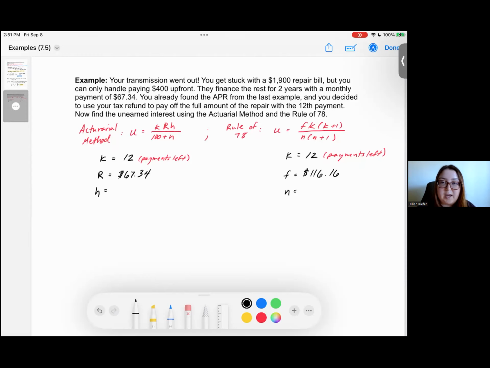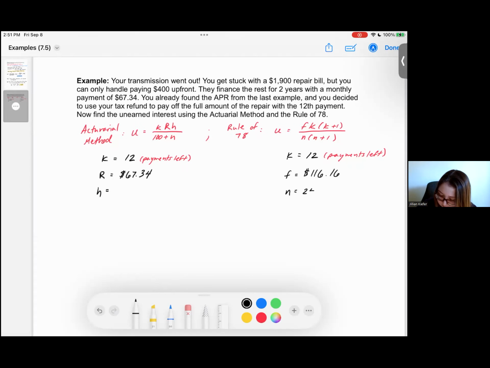So we'll find that for H. And just before we do that, there's one last thing. We have the value of N. N was the original number of payments, which we know was 24 payments monthly for 2 years. So we can fill that in really quickly. It's 24 original payments.